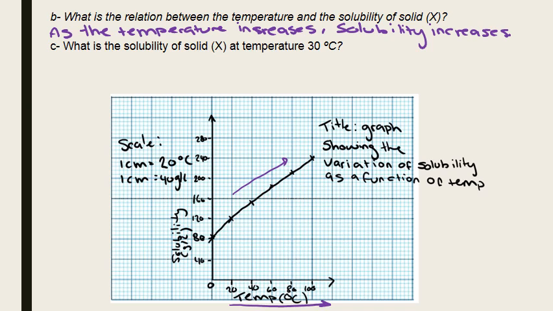What is the solubility of solid X at temperature 30 degrees? So here we have to use the graph. We see 20 and 40, so in the middle it's 30, so it's around here. You draw a line until you hit the line here, and then you go across.